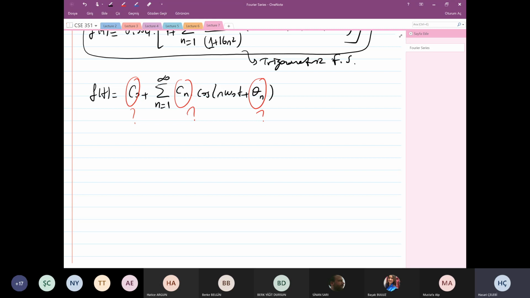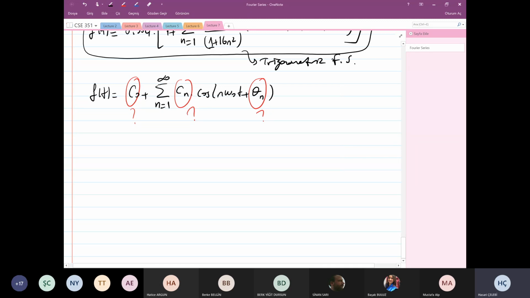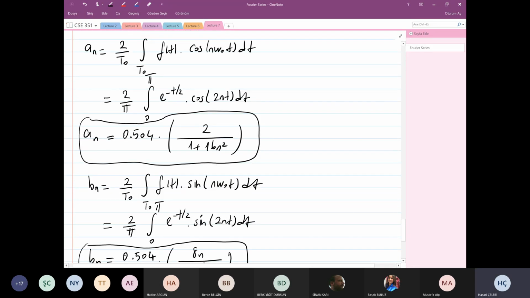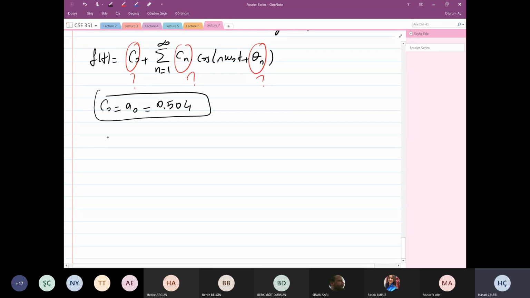So let's remember those relationships between cn, an and bn. C0 was equal to A0, therefore 0.504. So that's my C0. And the Cn was equal to, remember guys, the square root of an squared plus bn squared.